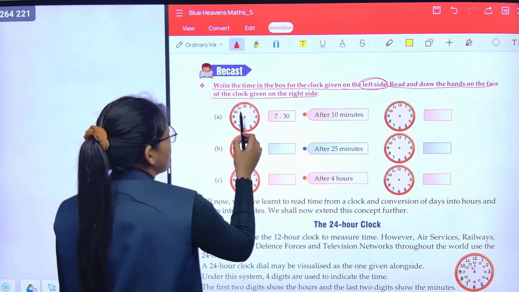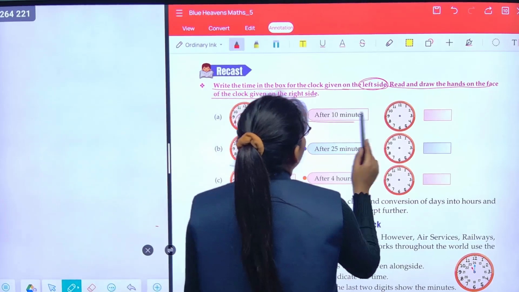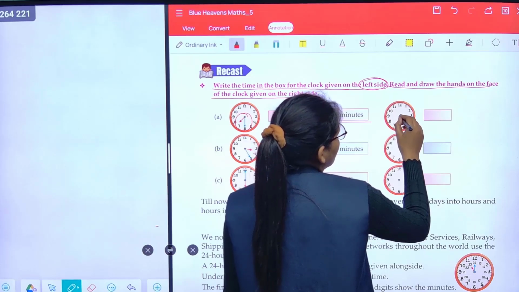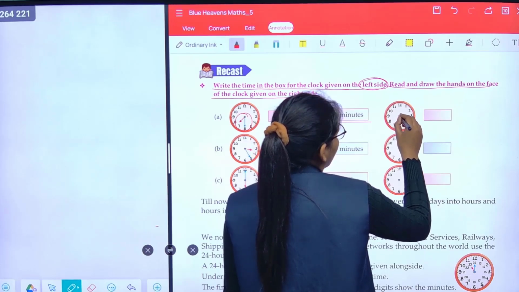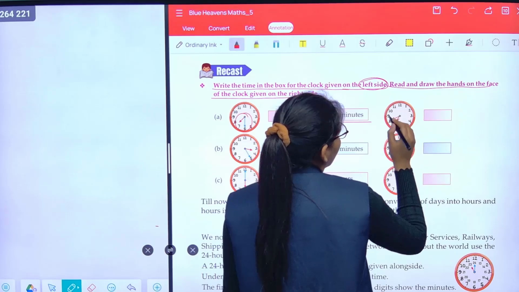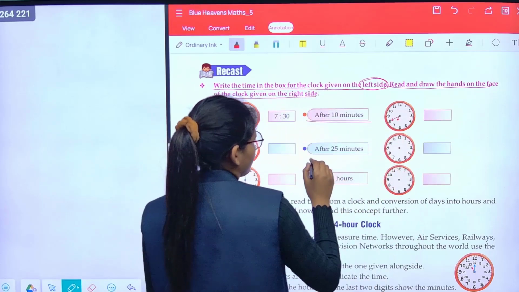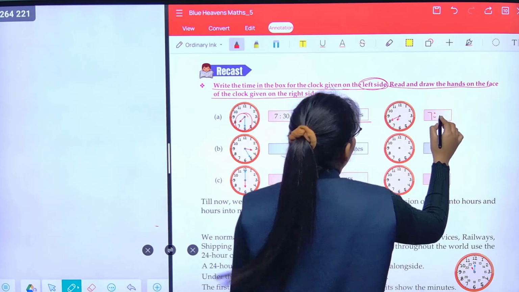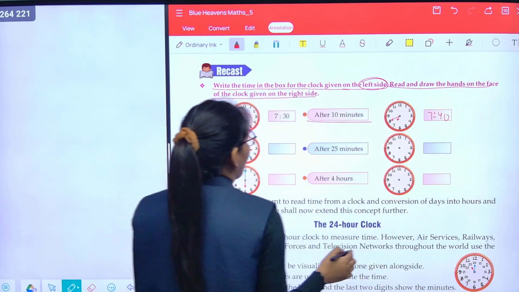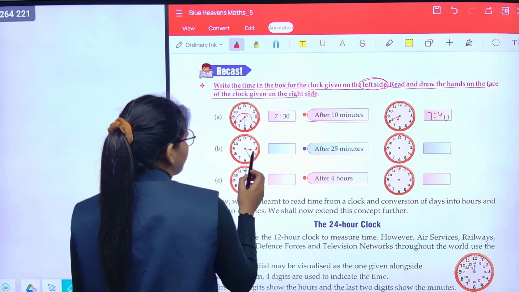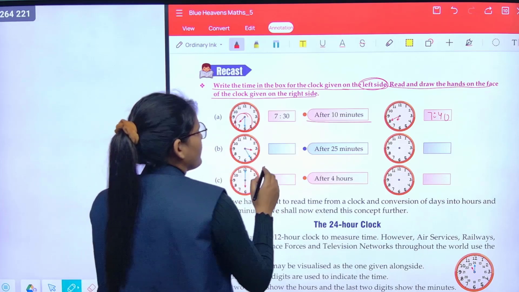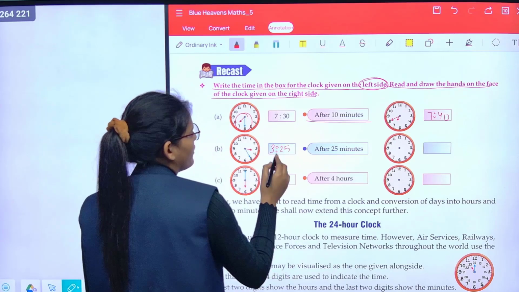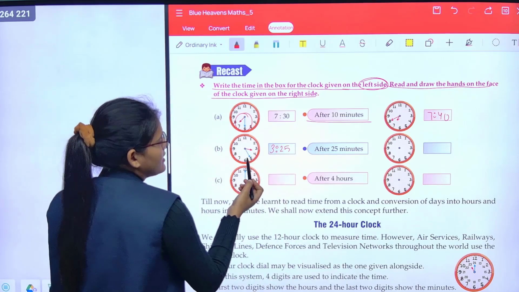Class, see, it is 7:30; after 10 minutes, 7:40. So 7:40. Understand class? Now 7:40. And here is 3:25. 3:25, after 25 minutes, class, see, here 25.